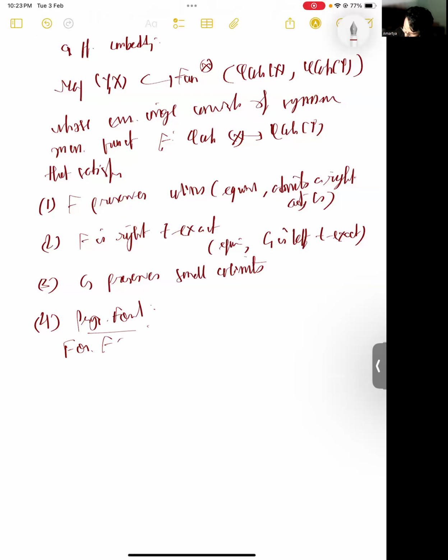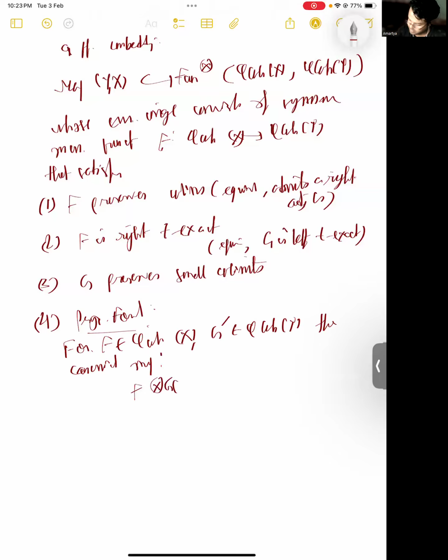So for F in QCoh X and, let's say, G' in QCoh Y, the canonical map G of F tensor G' to G of F tensor G' is an equivalence.